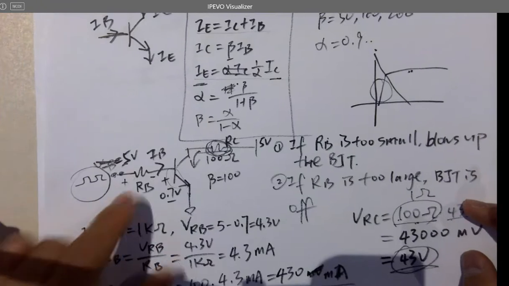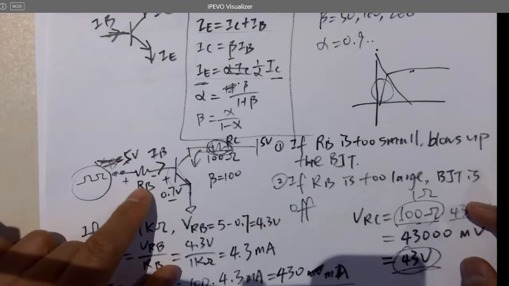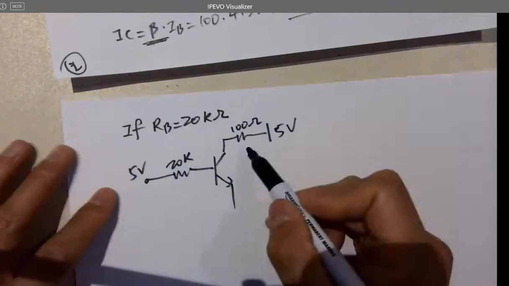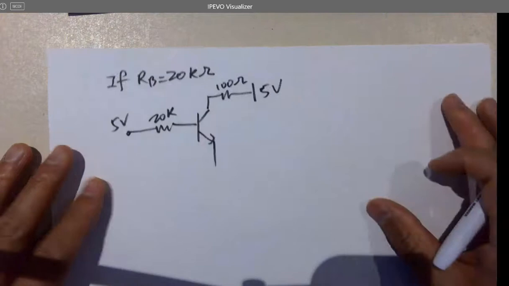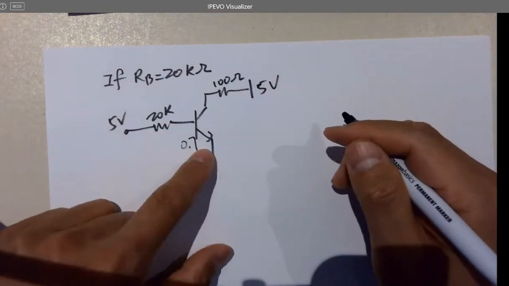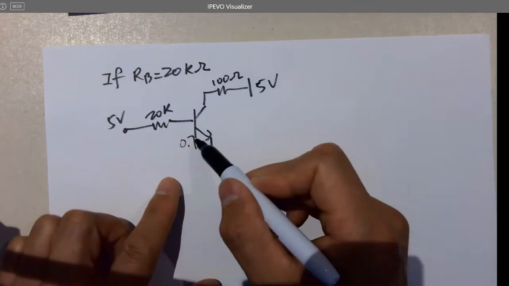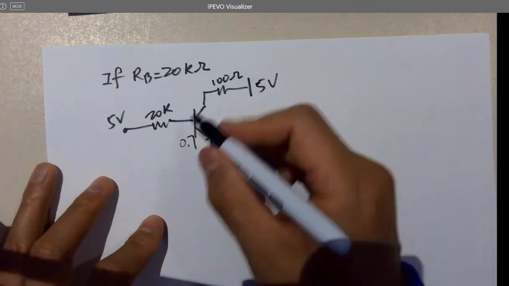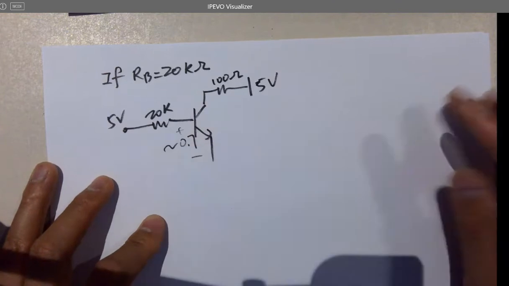And so what about 20K? If I put 20K here, what's going to happen? Still use the same resistor, but 20K. It's a DC analysis, so we are not talking about the little swing around 0.7. It's still 0.7, very close to that voltage.